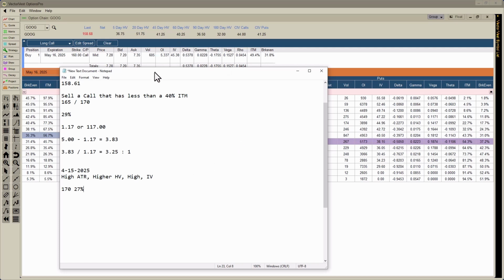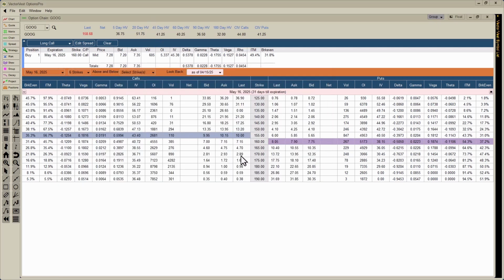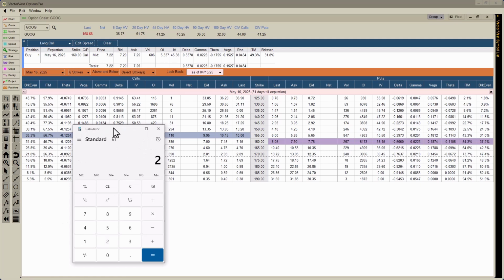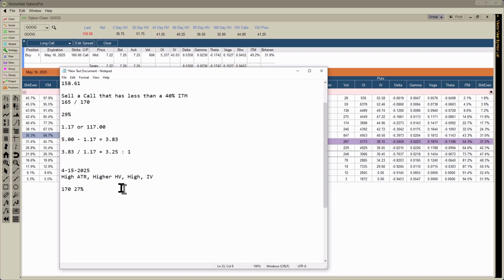Now here's the next best thing, okay? If I do this trade at 170, I want you to look at the premium here. If I look at just the prices of a 170, 175, you're at 289 minus 169. The premium on that trade is $1.20.